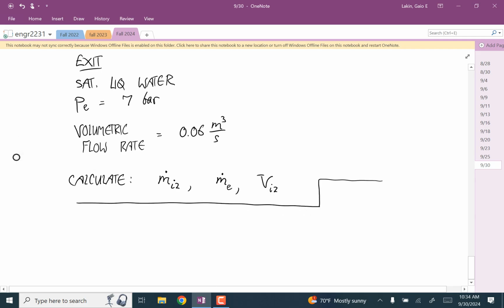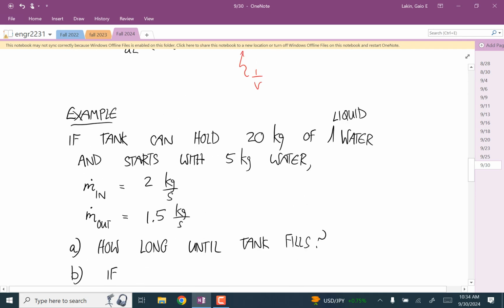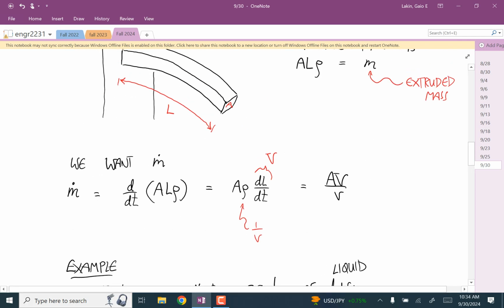So volumetric flow rate is like volume per time. If you go back to the equation for mass flow rate, notice that what we have is a density times a volumetric flow rate.